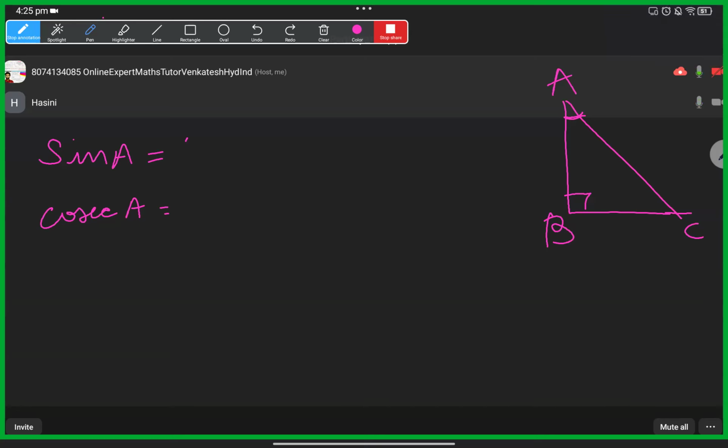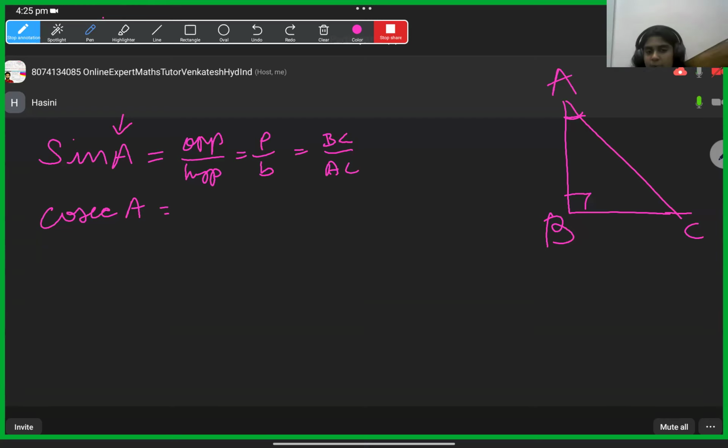So BC by AC, opposite by hypotenuse. Sir, isn't sine perpendicular by hypotenuse? Oh, yes, Hasni.